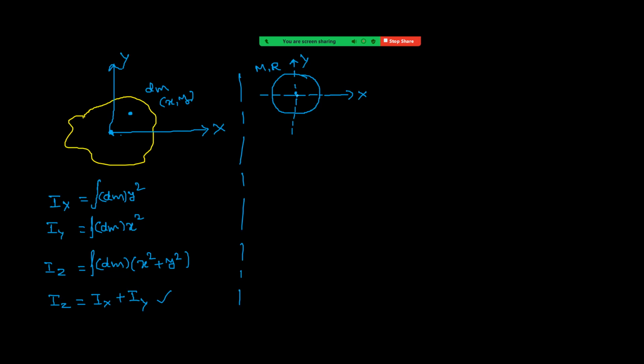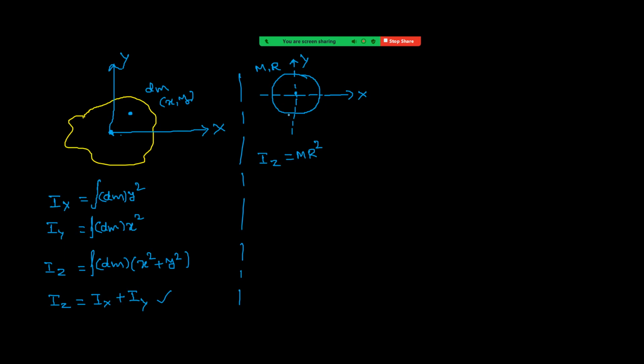So we got the value of Iz, about its own axis, as M r square. And you can see the distribution of mass about the x-axis and about the y-axis.